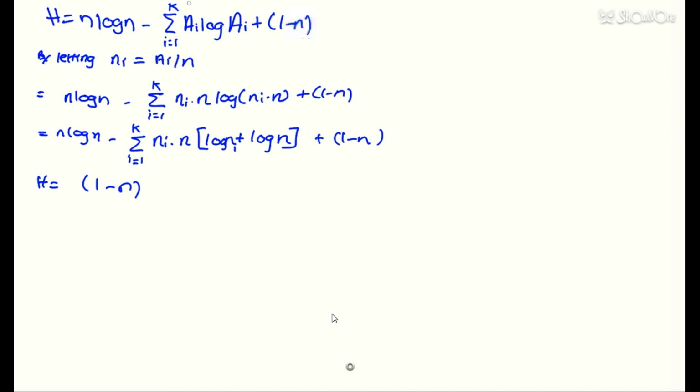One second, in our case I made an error. It must be k here instead of n. Therefore, 1 minus sigma from i equals 1 till k of n log pi.